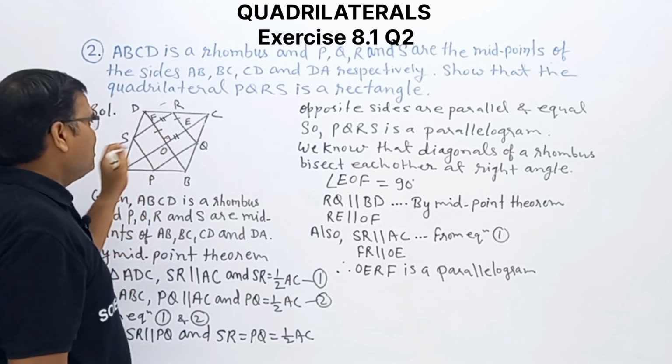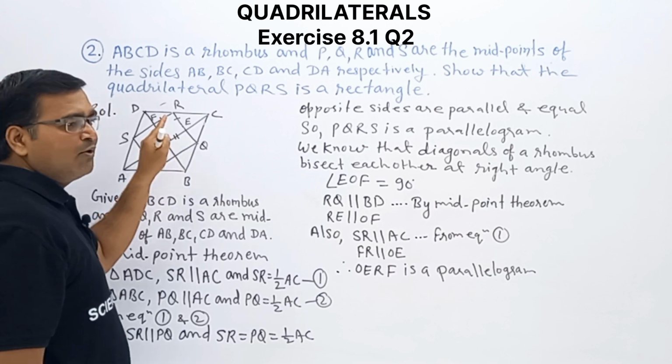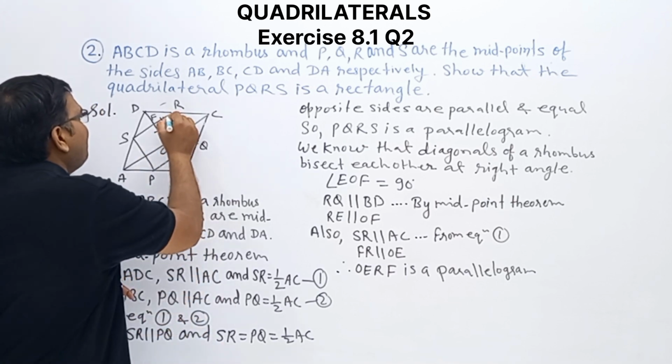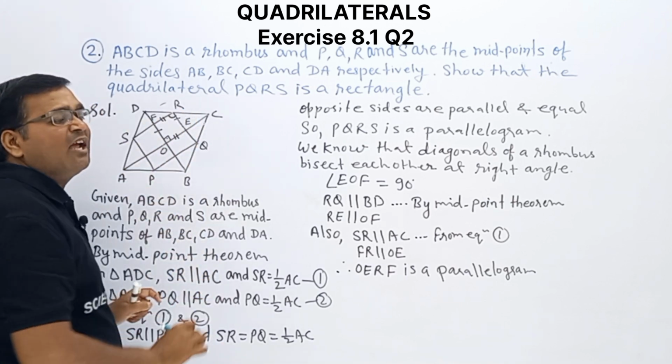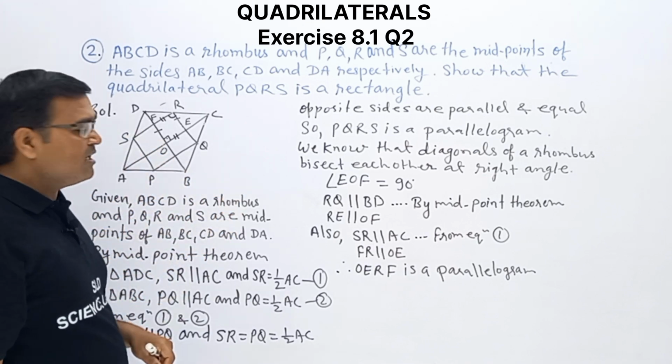Clear? This is 90 degrees. So automatically we can say this angle will be 90 degrees. Why? Because in a parallelogram opposite angles are equal.